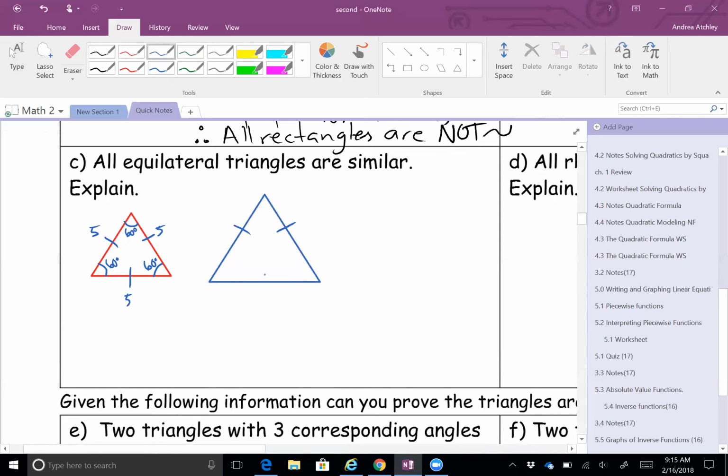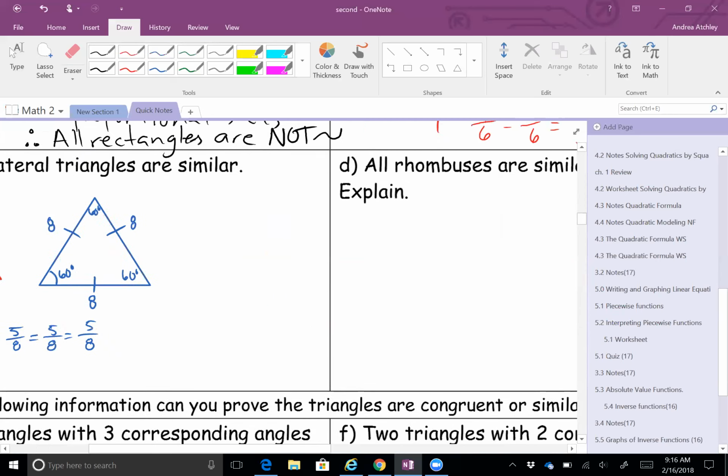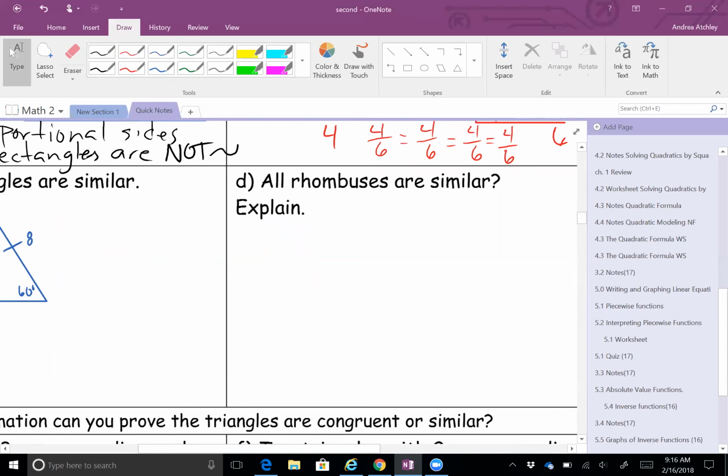Again, all of these will be congruent, and these will all be 60 degrees. So all the angles are congruent. And our sides, let's say this is 8. So my scale factor would be 5 over 8 is equal to 5 over 8 is equal to 5 over 8. And those are all congruent, right? We're good. Okay. Do the next one, rhombuses.